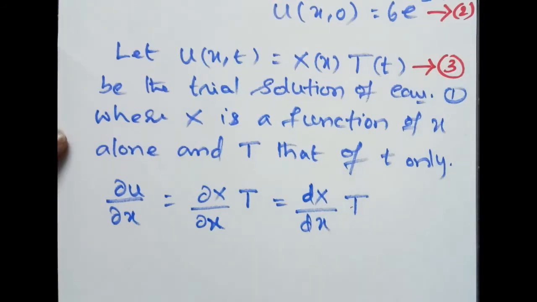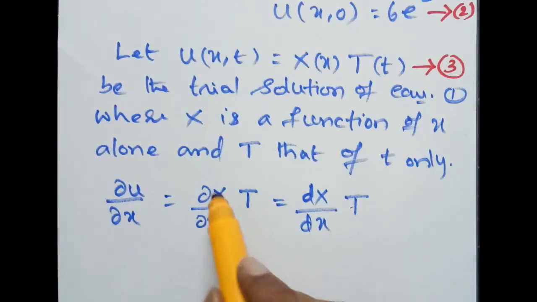For example, see ∂/∂x of x². What is the derivative of x² with respect to small x? The partial derivative is 2x. What is the derivative d/dx of x²? That is also 2x.